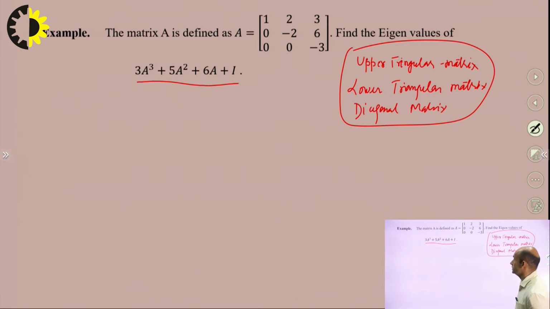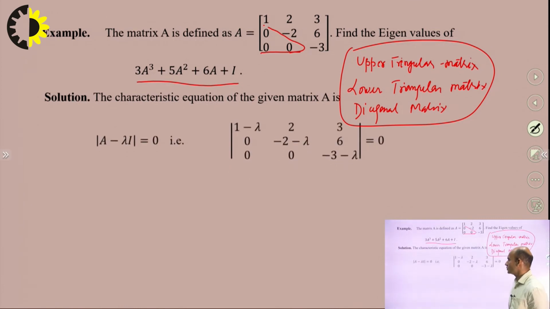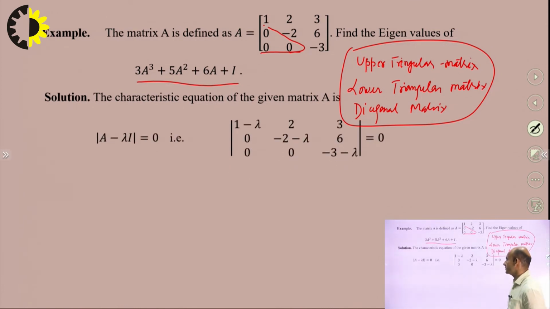So, here in this example, we have an upper triangular matrix because the entries below the principal diagonal are 0. So, eigenvalues will be the diagonal elements, and diagonal elements are 1, minus 2 and minus 3 here. But we can also solve the characteristic equation, which is determinant of A minus lambda I equals to 0.